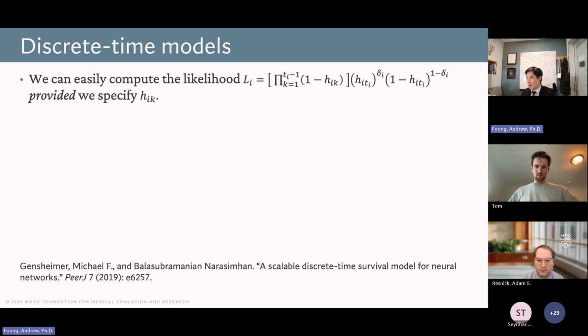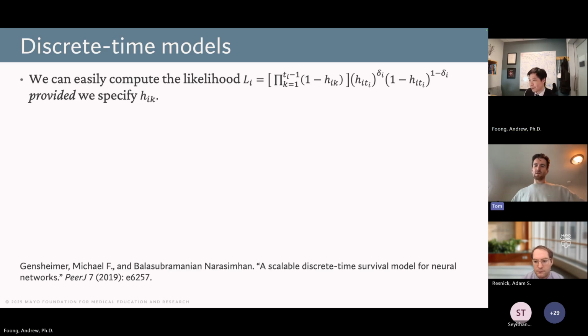We parameterize things with the hazard. There are also models that parameterize things with the cumulative incidence function. But the math in the end is just a transformation, so I don't think it's a very big difference, but people have found different levels of success with different parameterizations. So on a practical level, it's important.